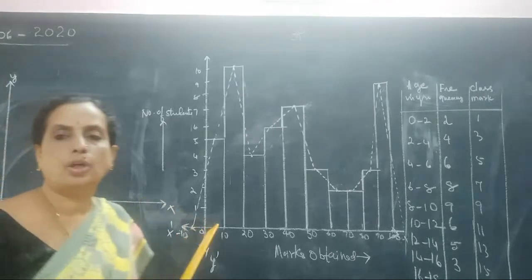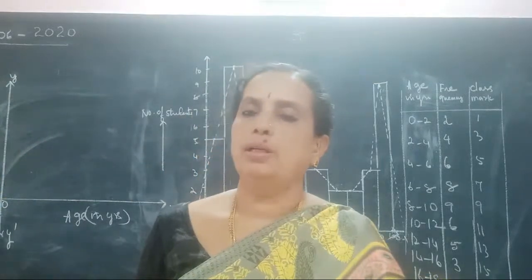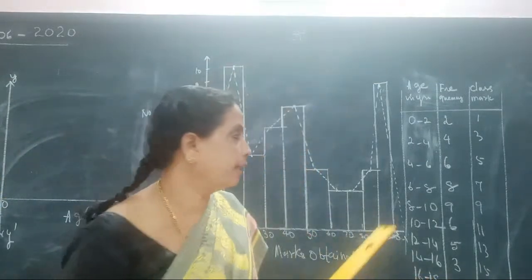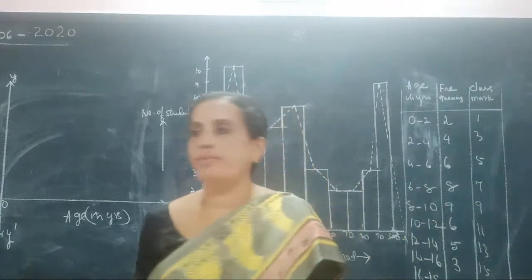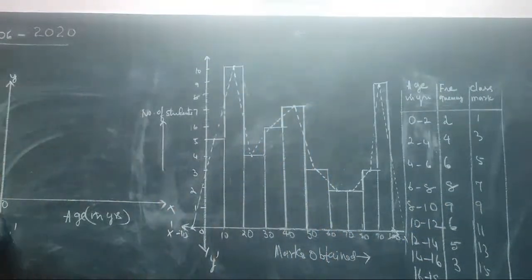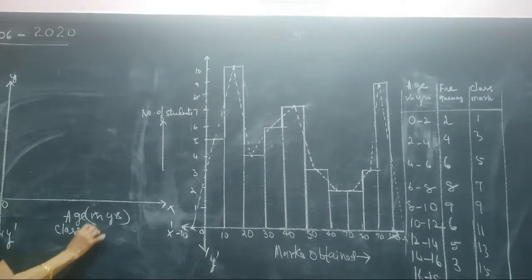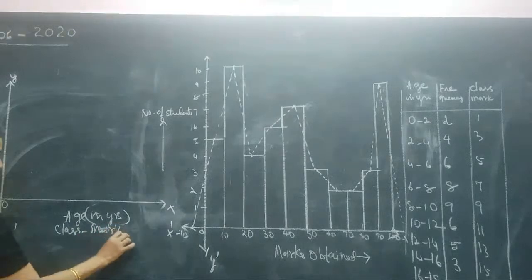Now we have to plot the table we have taken here. Along with this age group, we mark its class mark. Class mark means the mid value of the class interval.